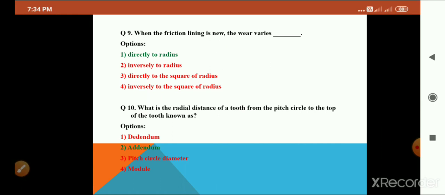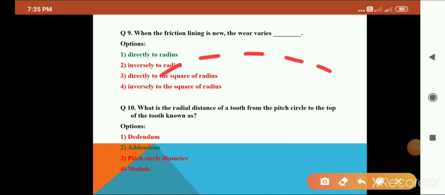Let's come to the next question. The radial distance from the pitch circle to the top of the tooth is known as, so its answer is addendum circle. For a gear profile, this is the top circle, which is the addendum circle. Then the middle circle is the pitch circle, and the lower circle is the dedendum circle.